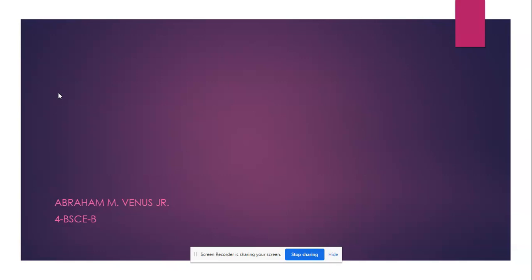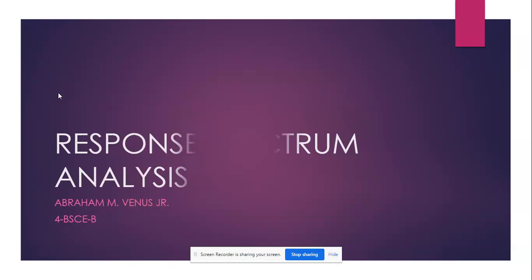A fourth year civil engineering student, section B, and today I will be discussing earthquake engineering, which is the response spectrum analysis or RSA. Response spectrum analysis uses almost the same principle as time history analysis, but instead of finding the time history, we will find the maximum values of the response.